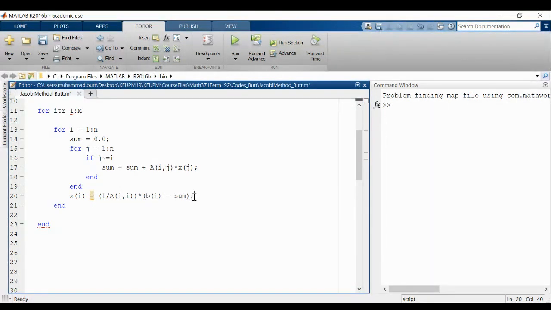So this is all. But now you have to make certain things. This is the basic idea.